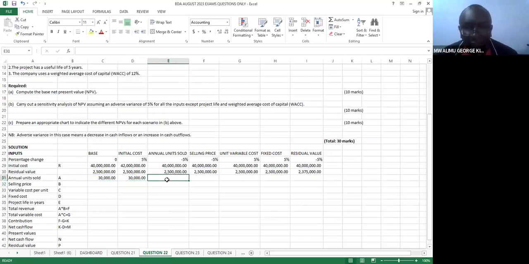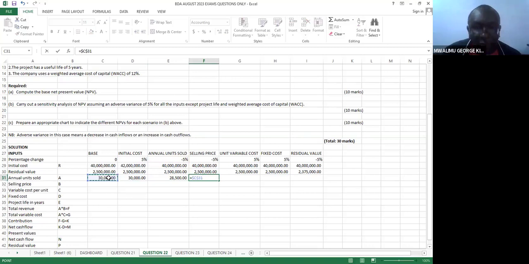But when I come here, this is going to be equal to this times, open the brackets, 1 plus this one, close the brackets, enter. Then when I come here, it's going to be equal to this. And I press F4 so that it does not change. Here they are not changing.